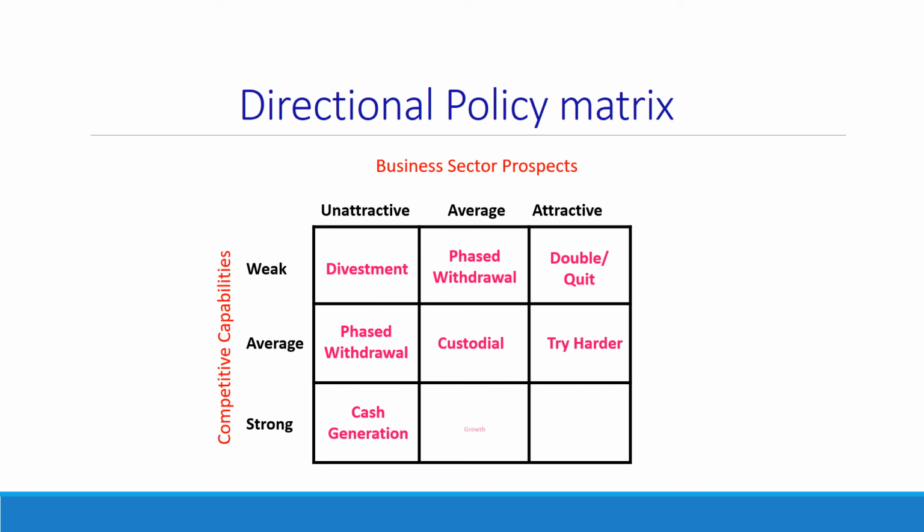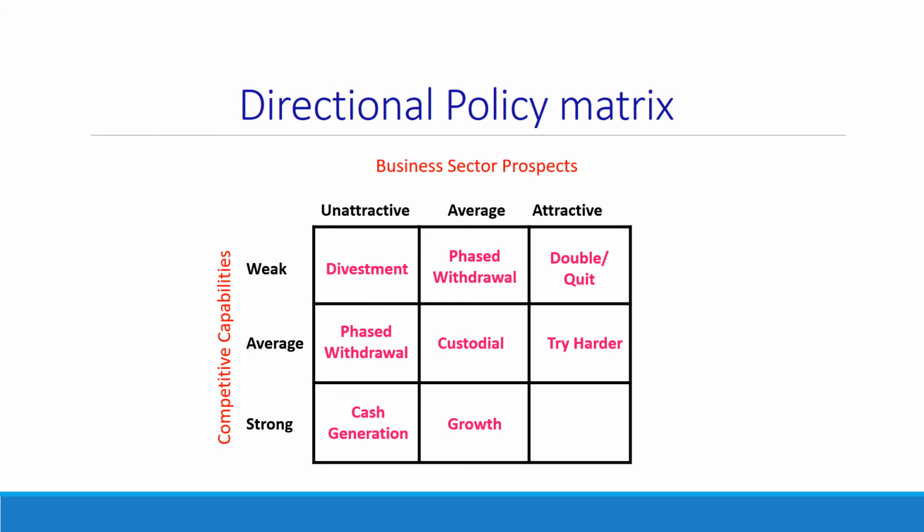And the next is average business sector prospects and strong competitive capability. Here it is a situation for growth. So the company can allocate more resources in the form of product innovation through research and development or creation of additional production capacity so as to fight in the market to increase their market share.